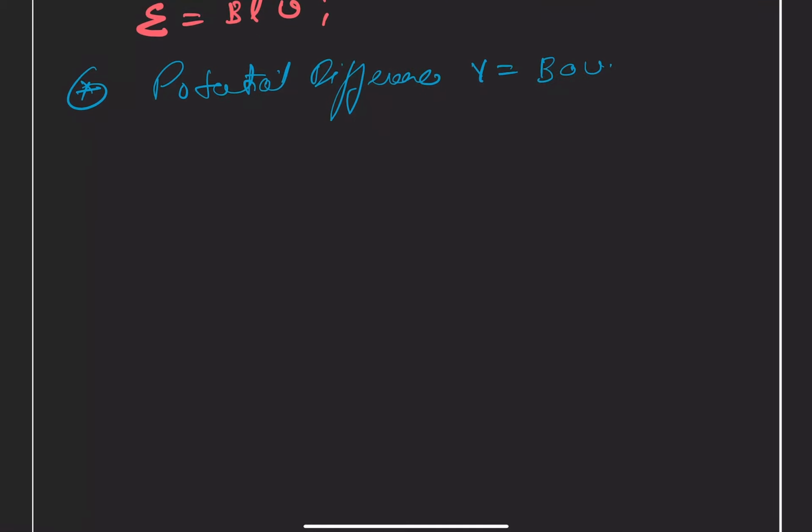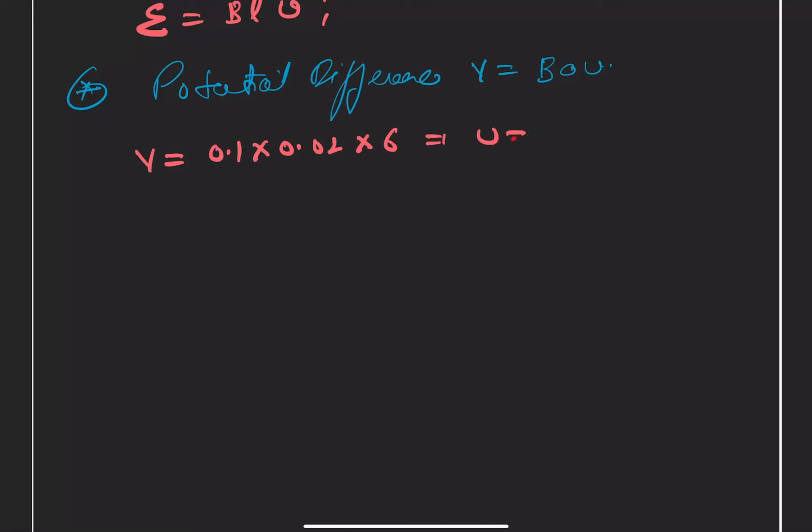We substitute the values: the magnetic field is 0.1, the edge is 0.02, multiplied by the velocity, which is 6.